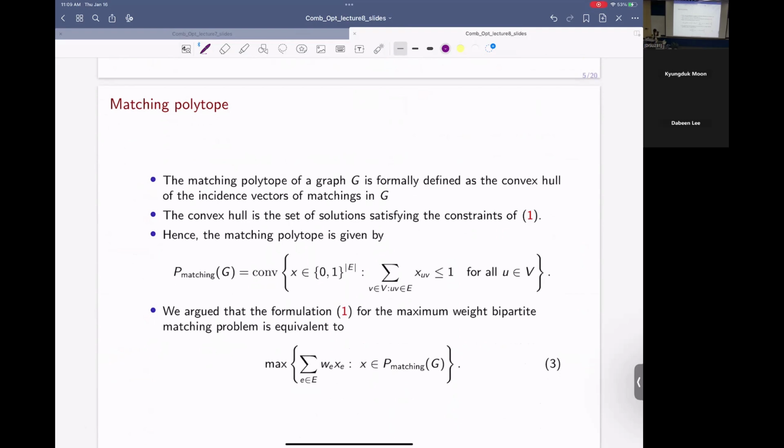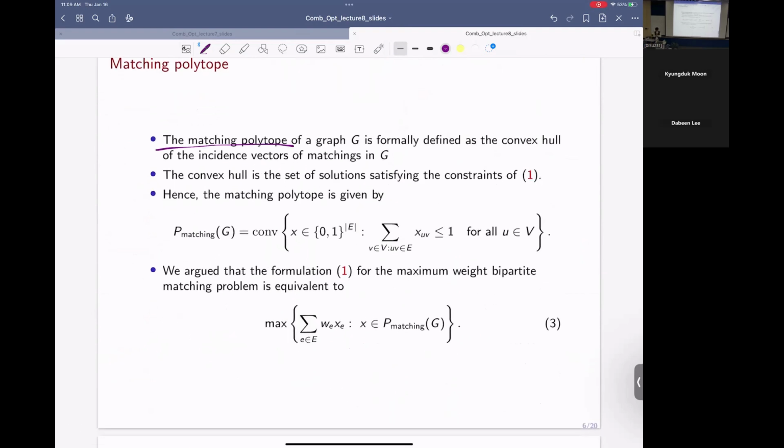So we need to define this notion of the matching polytope. In the previous lecture, what we saw was that when you have a discrete set of solutions to an integer program, it's equivalent to optimizing over the convex hull of the solutions. So the matching polytope is basically the convex hull of the solutions to the integer programming formulation for the matching problem.